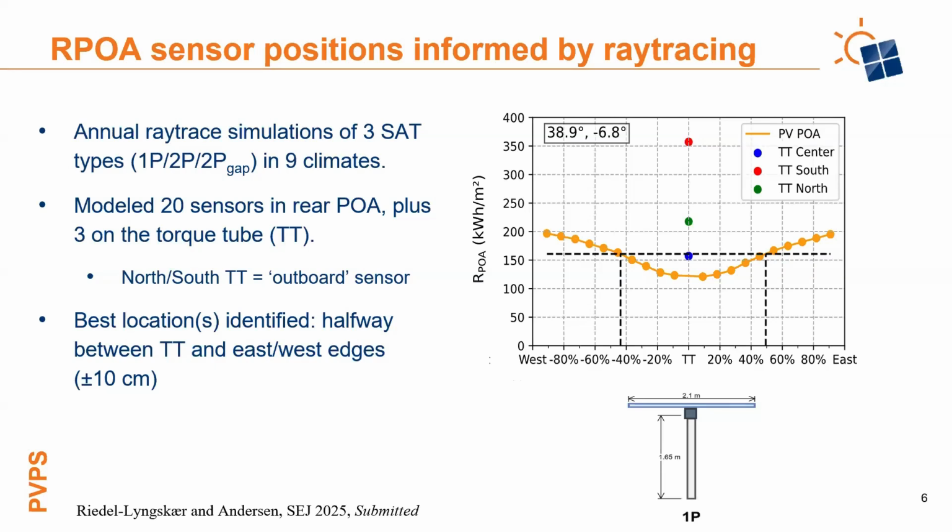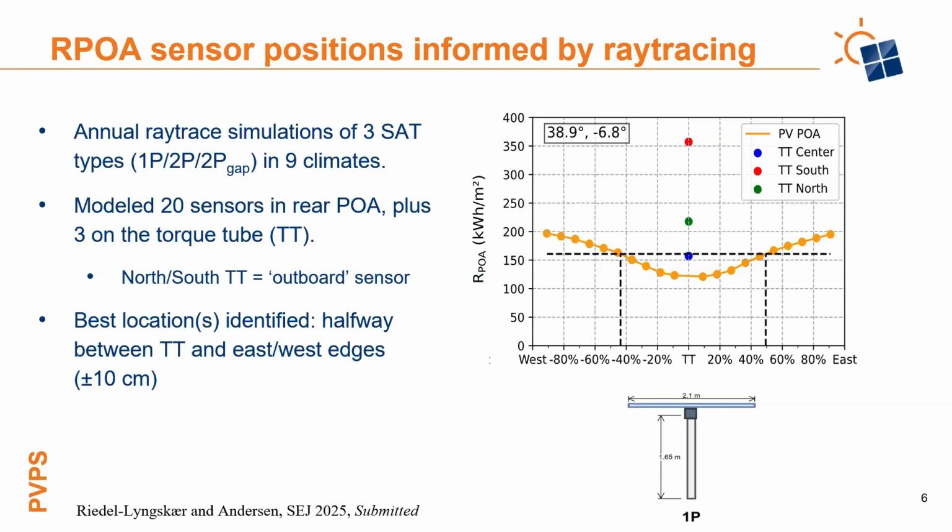And then these climates were selected to represent a range of solar resources, albedo, and solar geometry, sun paths. And what you're looking at here in the graph is results for one particular location in Spain of a 1-in-portrait tracker.